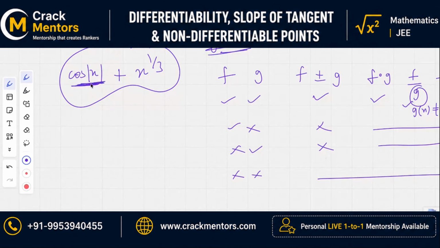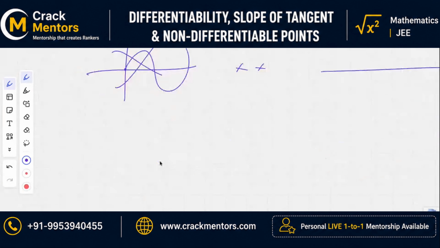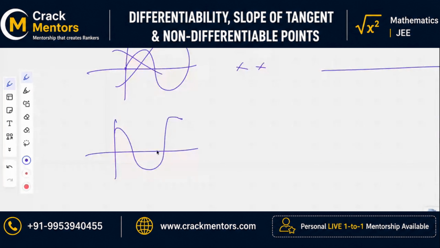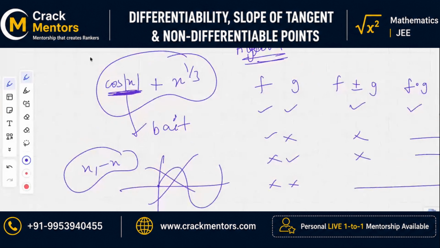Cos x is an even function, so you put x or minus x, you're going to get the same output. So this mod is not required, and this is the same as writing just cos x.